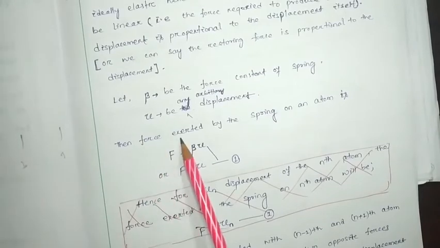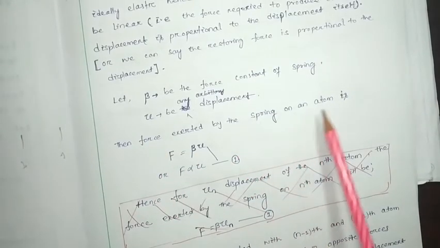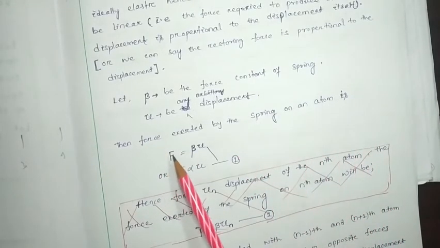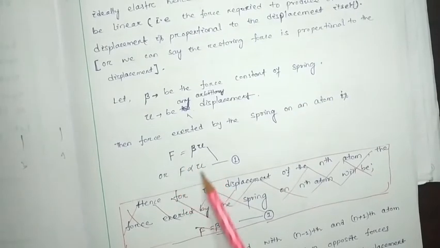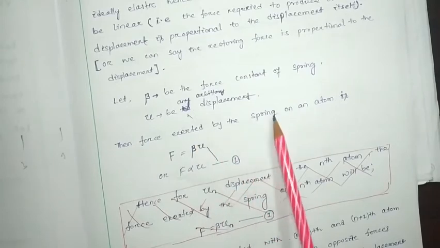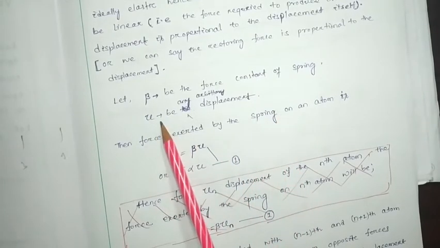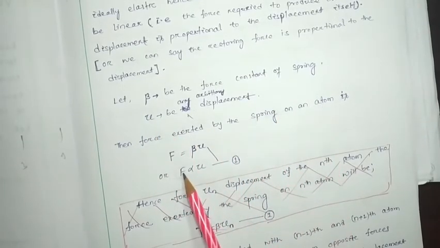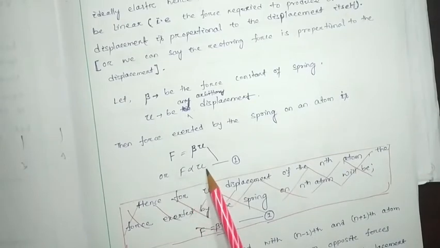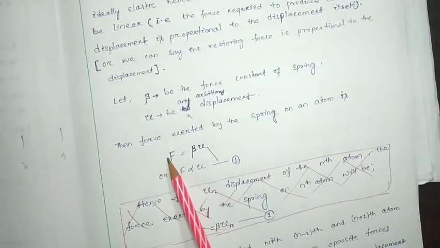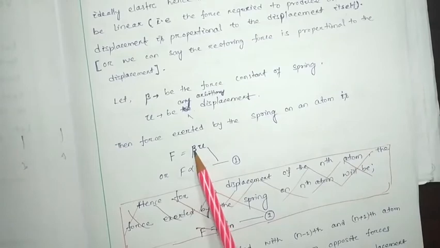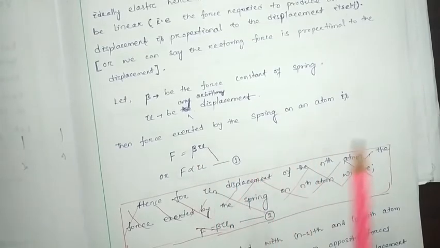Then the force exerted by the spring on an atom is F proportional to u, so we can write F equal to beta u. Let this be equation number 2.